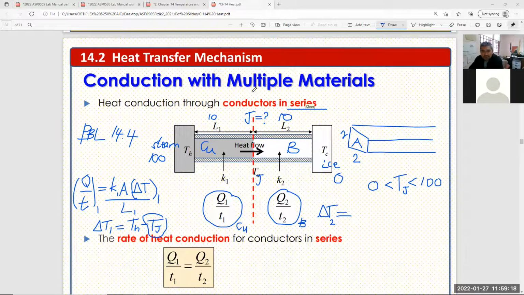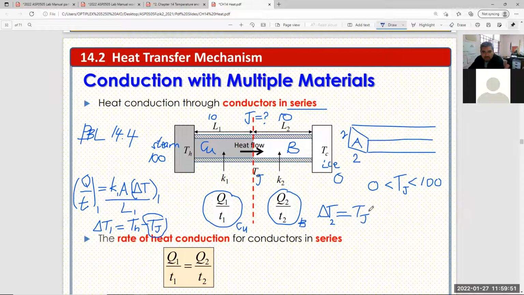Why do you want to put TC plus TJ? Because heat should flow from high temperature to low temperature, and the heat flows from the left copper to the right brass. As I told you, TJ is somewhere between 0 and 100, so the term should follow the same thing.